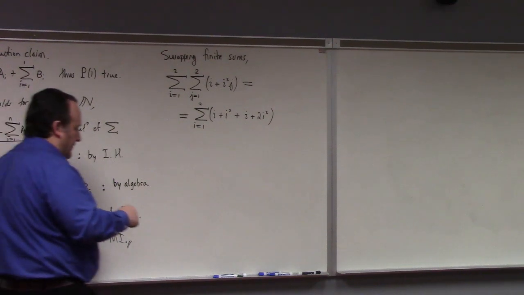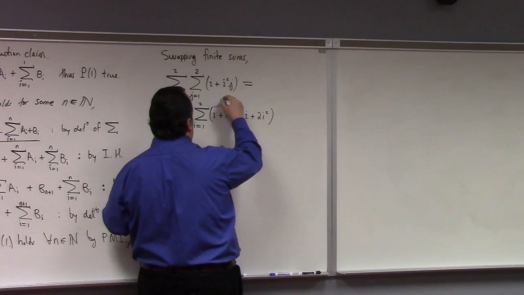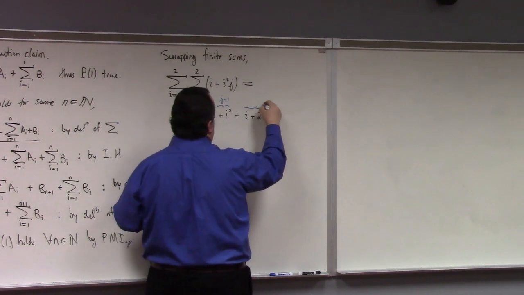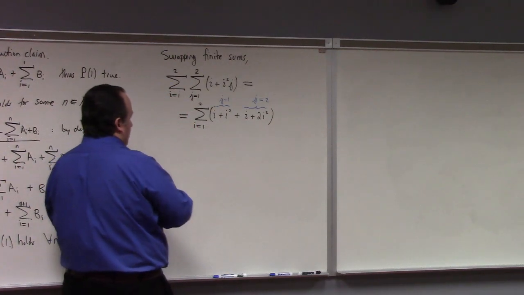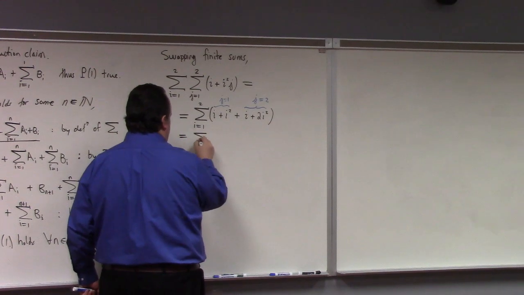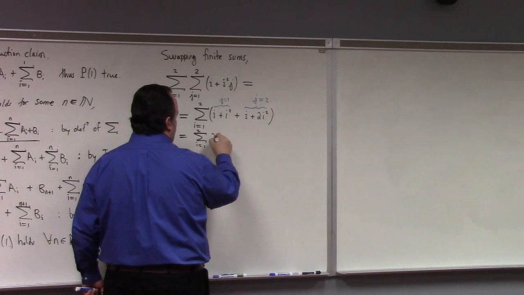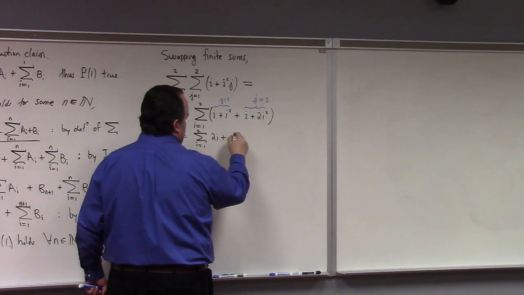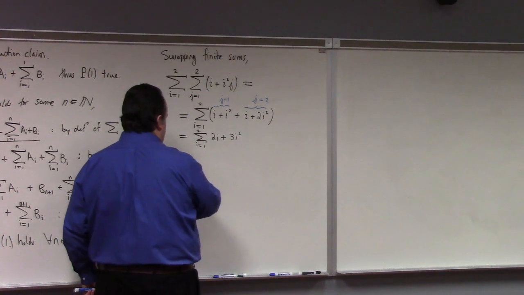So the first term is j equals 1. This over here is j equals 2. Then, of course, we could make our life easier and do one simplifying step before I actually do the sum. This is 2i plus 3i squared, right? Which is what? I'm going to need room here.